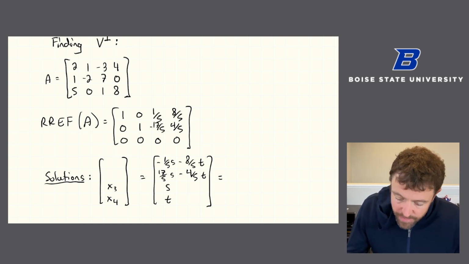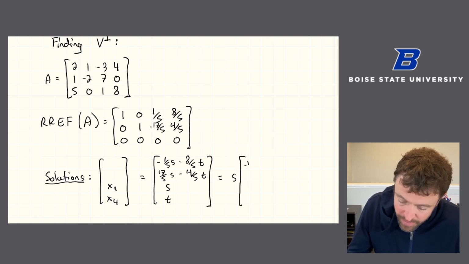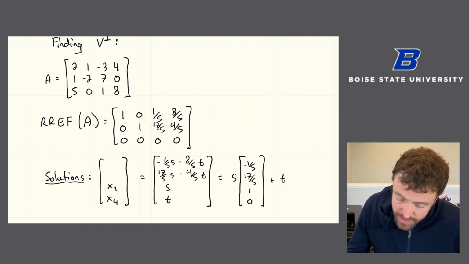When I split this up, what I get is the s component is minus 1/5, 17/5, 1, 0, and the t component is minus 8/5, minus 4/5, 0, 1.